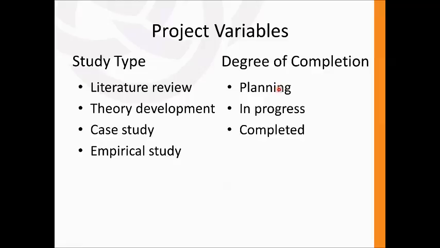Especially if you're only planning your study now, you'll be using future tense. But if you've already completed an empirical study, then you would be using past tense, right? Things of this sort. These are the kinds of studies that are typically presented at conferences, including the GRF, and these are the different degrees of completion.